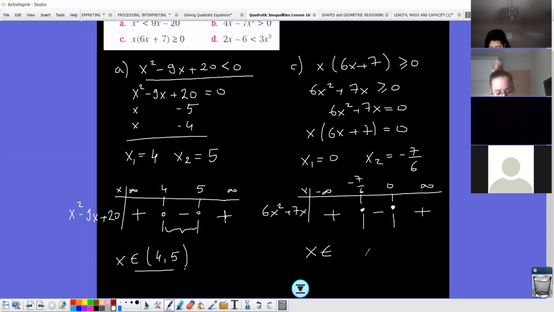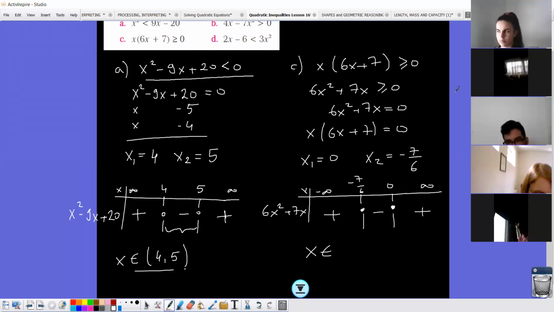No, they're included, teacher. If the dots are filled, it means that these points are included, because we have the greater than or equal to sign. The other one didn't have that sign. That's why. So which parts will we take as the solution? Pluses or minus?